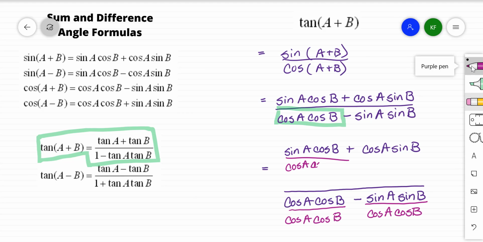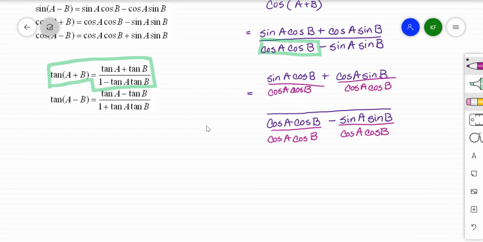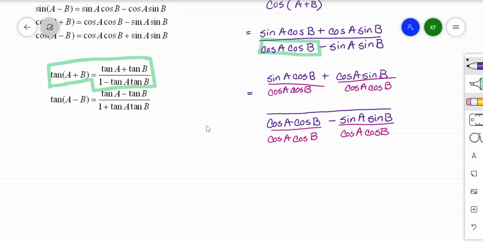And then cosine B. It's a lot of writing, huh? A lot of letters. Okay, and then you start doing the simplification. And the reason why it's legal to do this is because I'm creating the same common denominator on every single term. This would not work if you didn't have that. That's where the equivalency comes from.